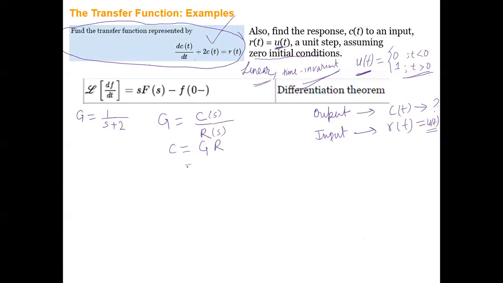So what is your G? G is 1 over s plus 2. What is your R? We don't know yet, right? Do you know R? No, because we know little r. So how do you find big R from here?